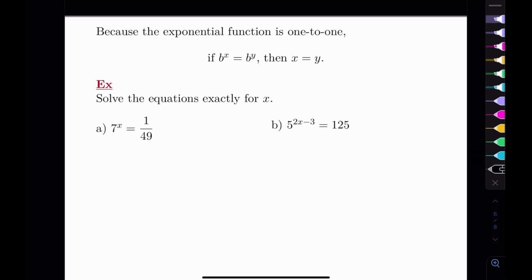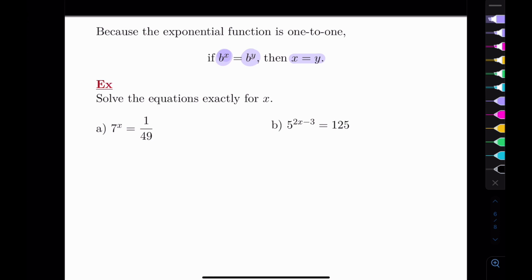One of our main components of this unit is that we're going to be solving a lot of exponential and also logarithmic equations. And we're going to use this property of one-to-one to help us out a lot. If I have b to the x equals b to the y, that base, remember, is just a constant, so the only way this can happen is if these two exponents are equal to each other.